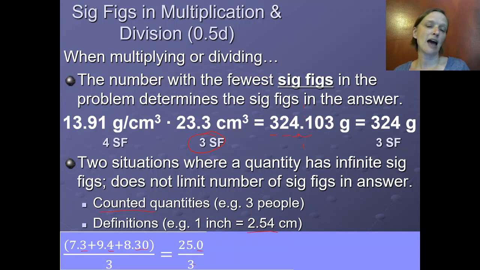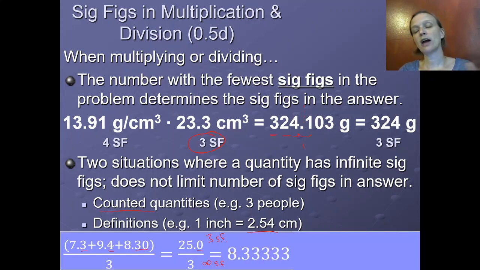3, because this is an average, this is a counted quantity. So even though it looks like I have 3 sig figs divided by just 1 sig fig, really this is infinite sig figs. That's the symbol for infinity. Infinite sig figs. So my final answer can be reported to 3 significant figures.